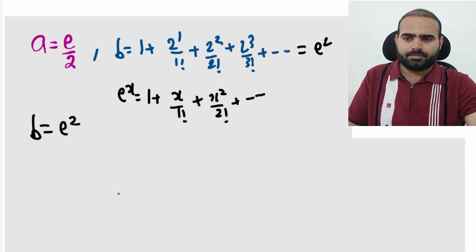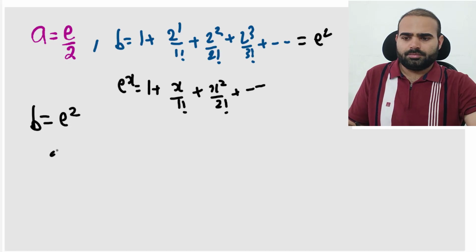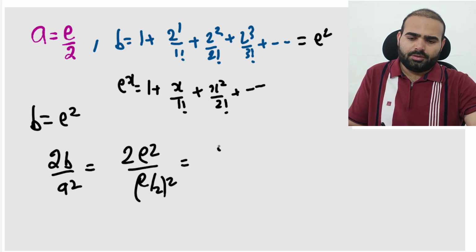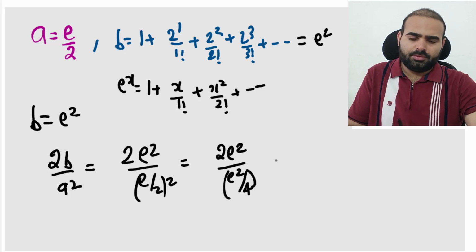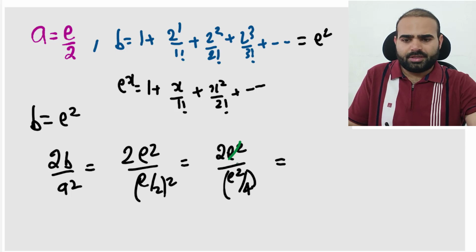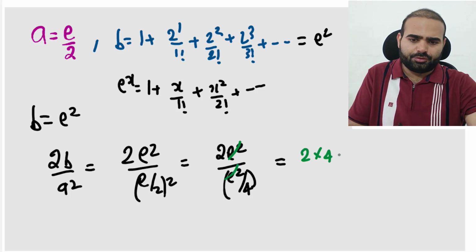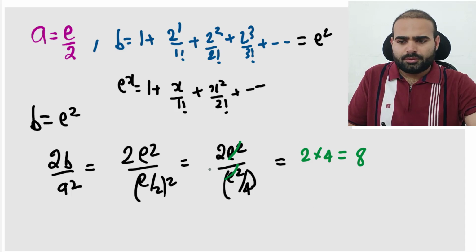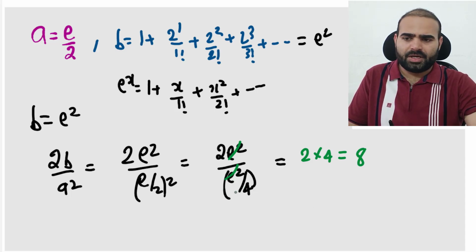So 2b upon a square comes out to be 2e square upon a square, that is e upon 2 whole square. So this is 2e square, e square upon 4. So you can notice e square will get cancelled and we are getting 2 into 4. So 8. So 2b upon a square, the answer will be 8.